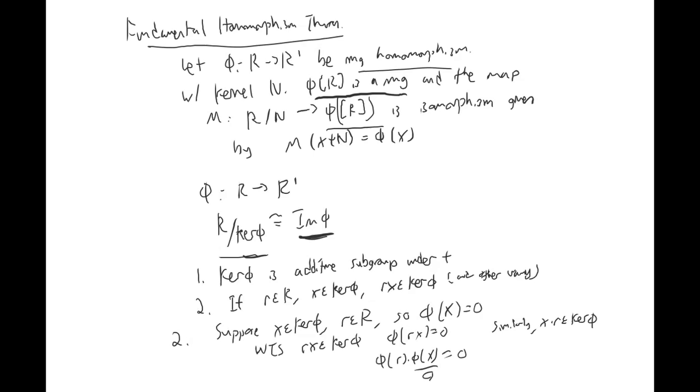If x and y are in the kernel of phi, then x plus y is in the kernel of phi, because phi of x plus y is phi of x plus phi of y, which is 0 plus 0, which is 0. So again, plus is a binary operation here.